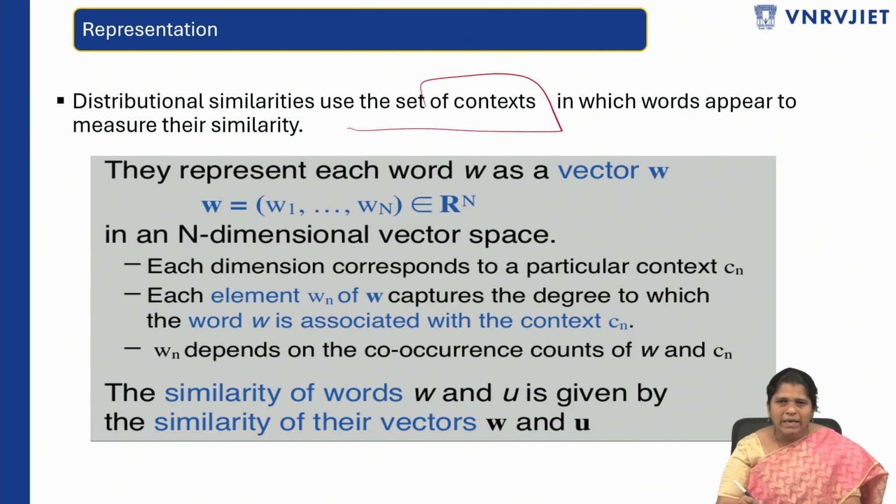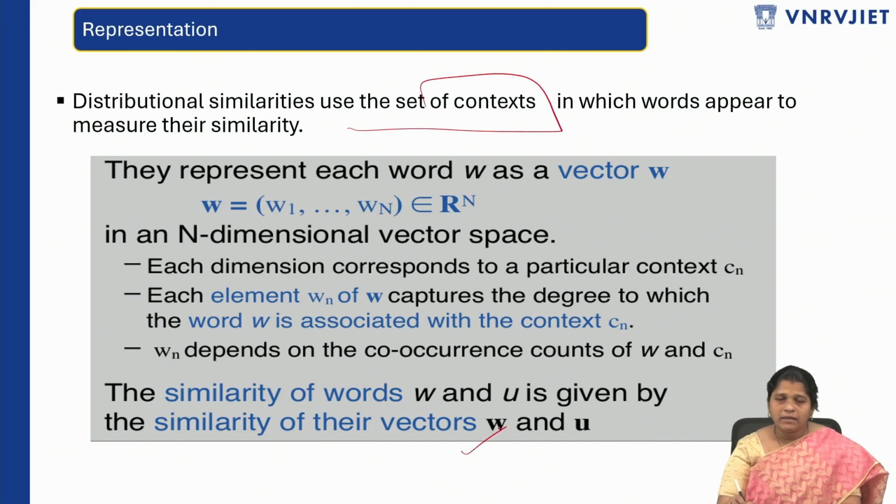But the basic agenda is that words are represented in the form of co-occurrence, with respect to the number of times they occur, and also the number of similar words which are differentiated, and their vectors.